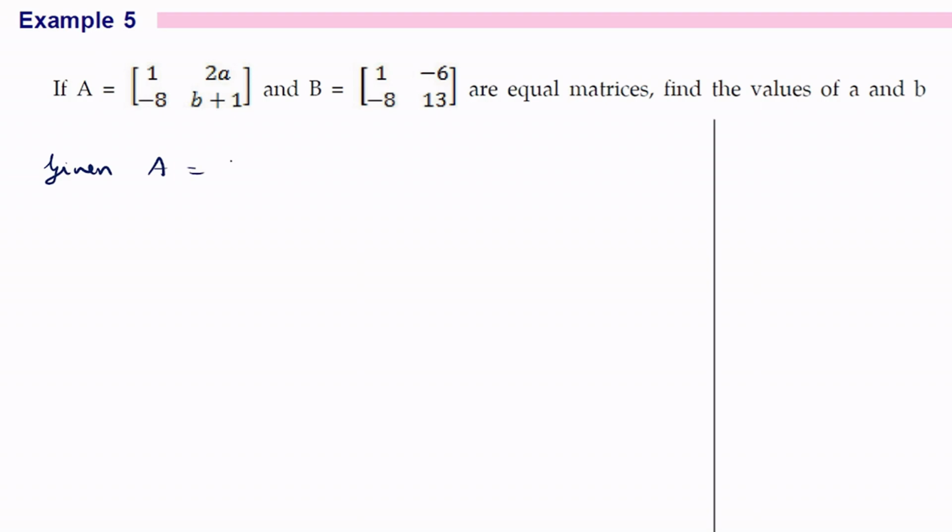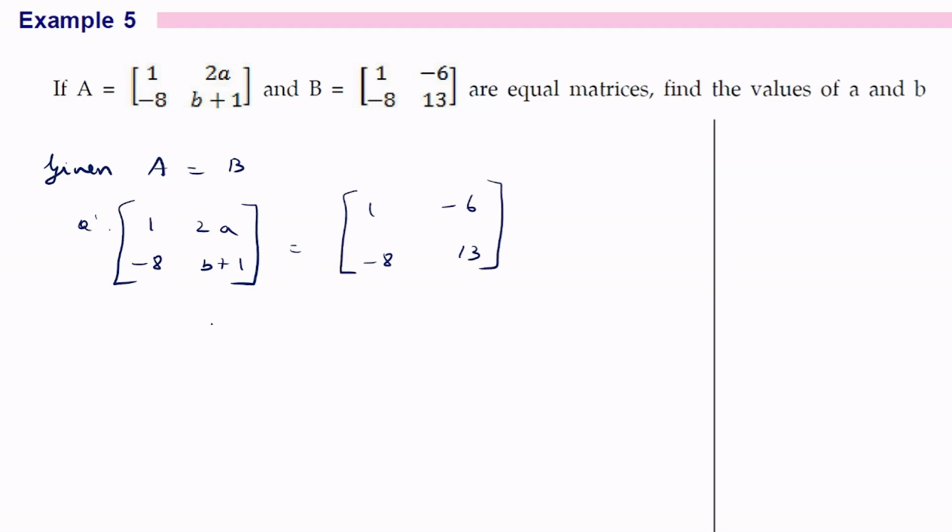Given A equal to B, that is 1, 2a minus 8, b plus 1 is equal to 1, minus 6, minus 8, 13. So the meaning is that each element of A is equal to the corresponding element of B. So we can compare the terms in these two matrices.